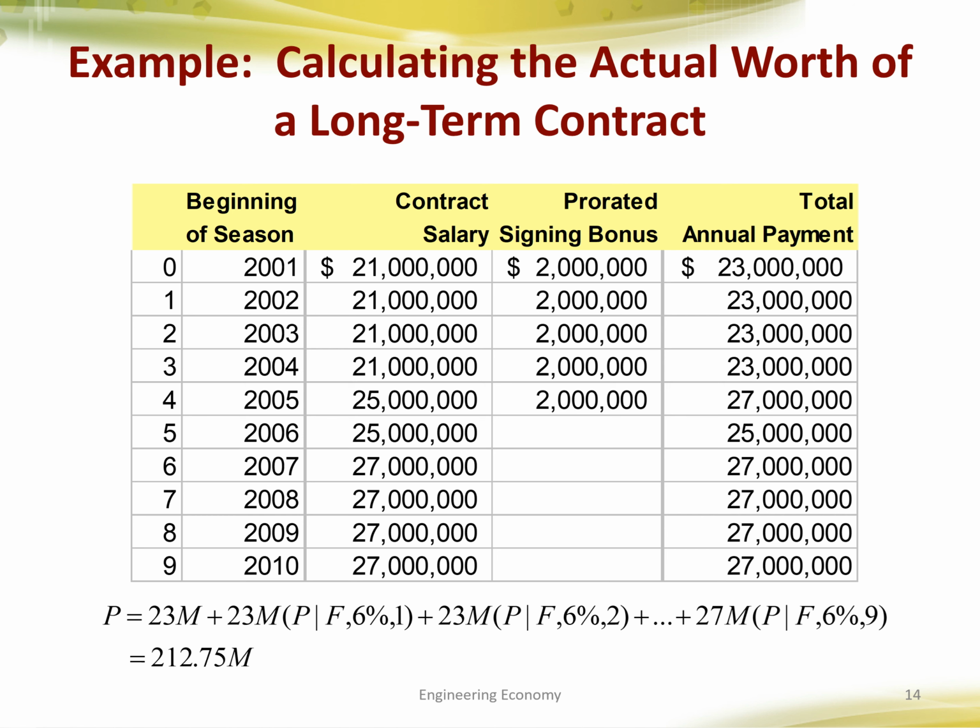We just convert them to the same time point, but I think most of the time we'll convert to the future, to the end of the entire contract, or to the present time, so that we can really have a feel of the actual worth of the cash flow.